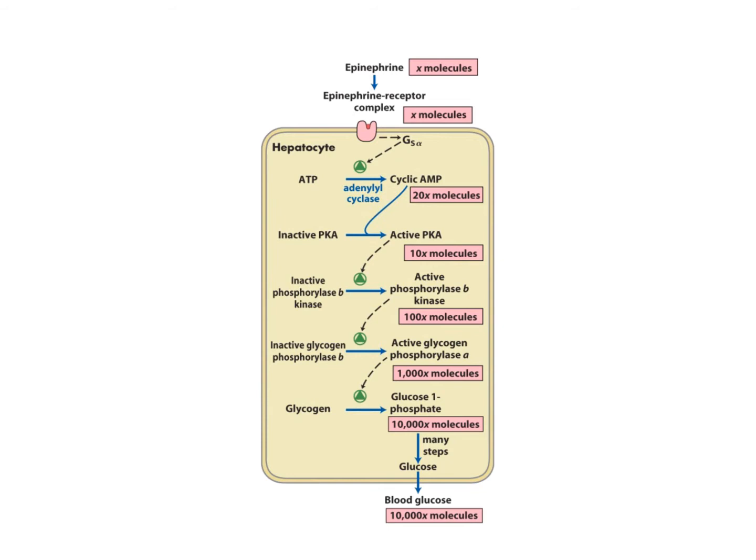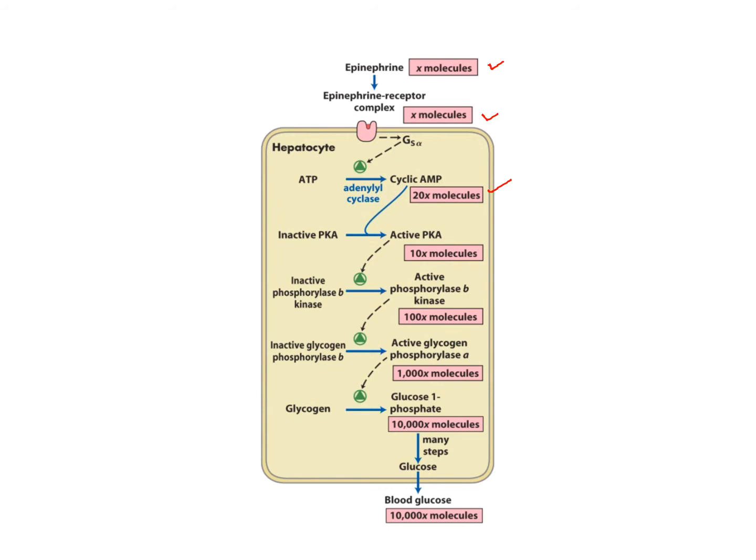So let's see the example over here. We have X molecules of ligand, and these X molecules of ligand will attach to X molecules of receptor, and this receptor will convey the message or translate the message to the transducer to give 20X molecules.